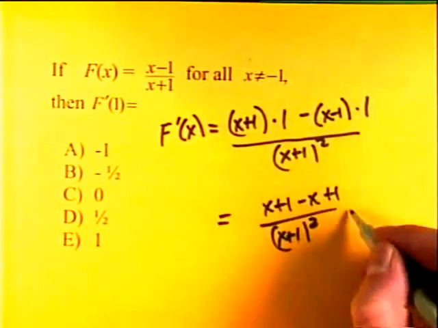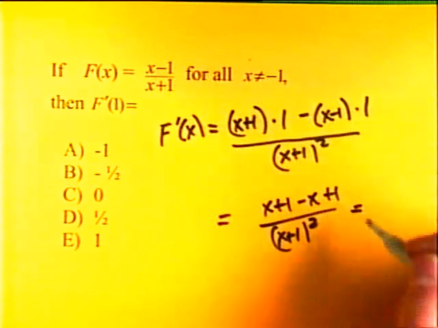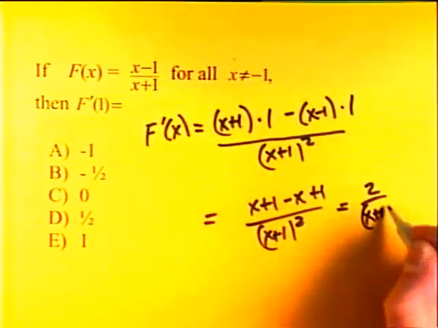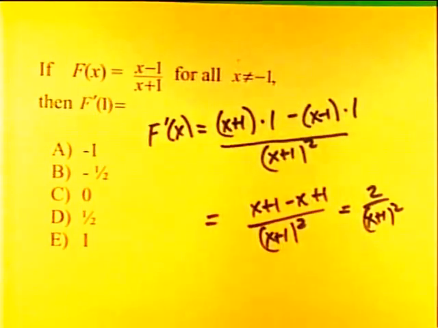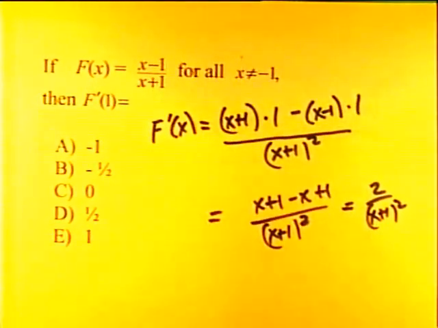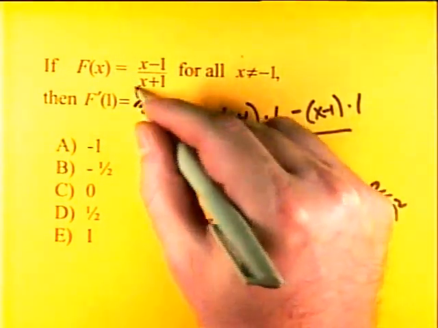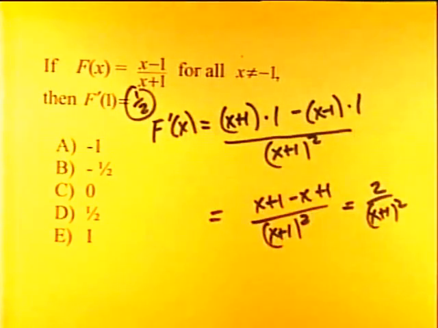That's what f prime is. And what is that simplified to? 2, so it's 2 over x plus 1 squared. So what's the answer to our question? What's f prime of 1 equal to? 1/2. Right, it's 2 over 4, which is 1/2. Okay, good, Evelyn.